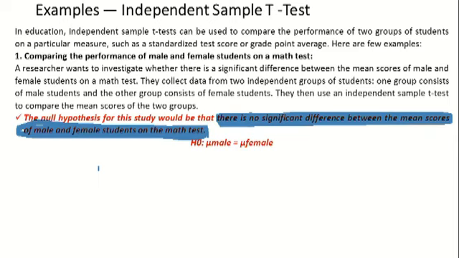We have already said that the mean score for male is higher, and that of female is lower. That is the direction we have taken. So that kind of hypothesis is said to be a directional hypothesis, and it's also said to be a one-tailed hypothesis.